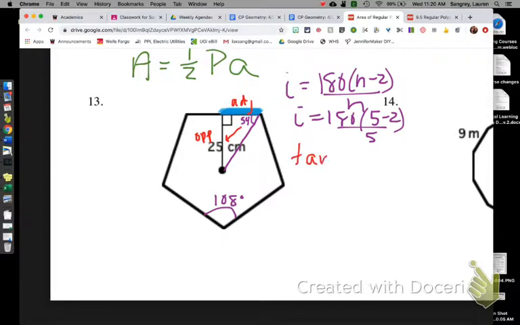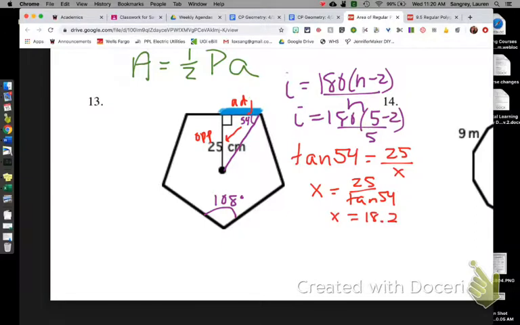So I'm going to use tangent of 54 equals opposite over adjacent. Since the variable is in the denominator, these will switch around. And this goes in your calculator. You should get 18.2. So this blue segment is 18.2. So if I multiply that by 2, I will get the entire side of the polygon, which is 36.4.